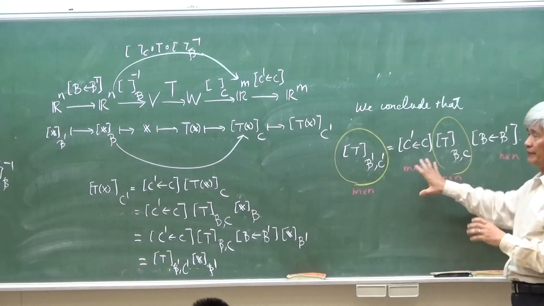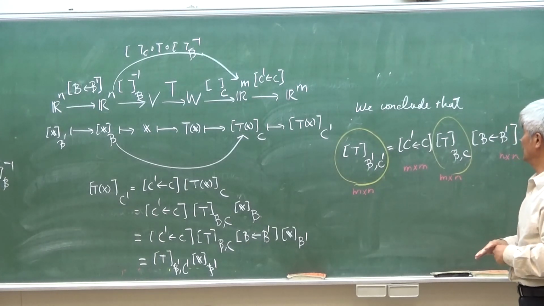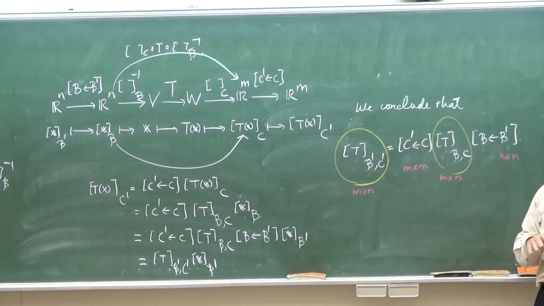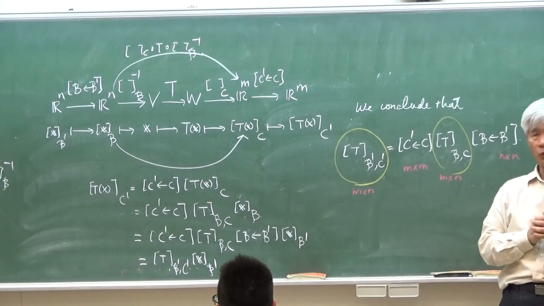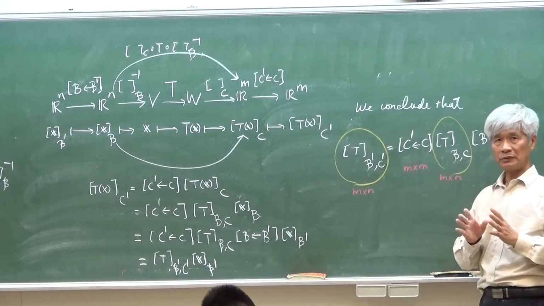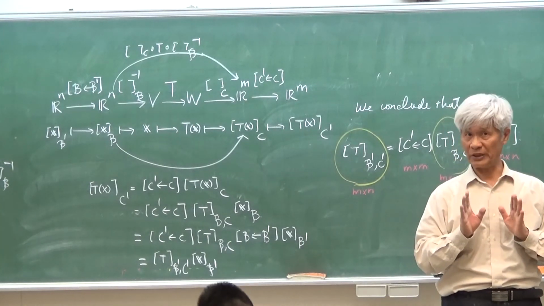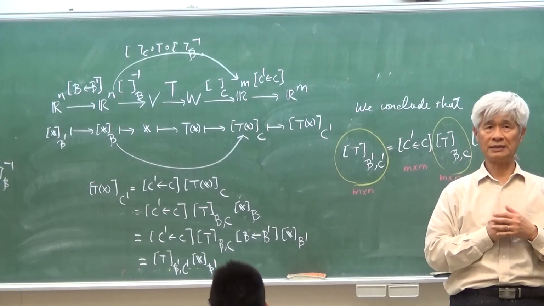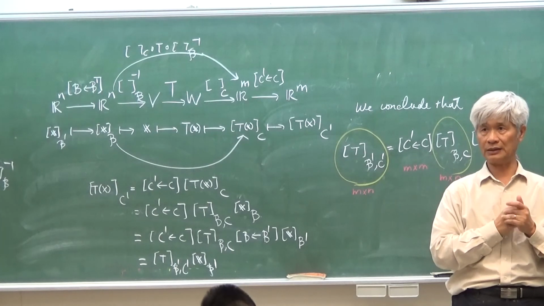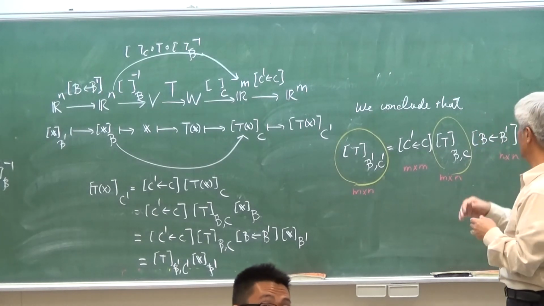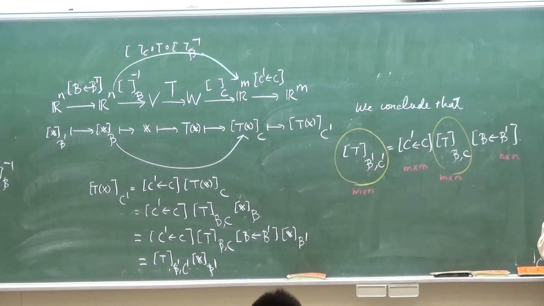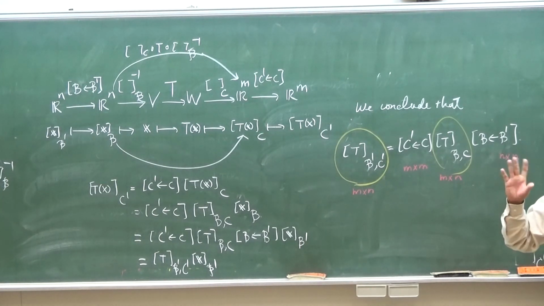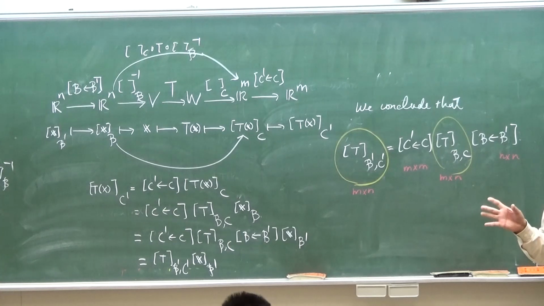Okay, so this is the original version. And so on Friday, I will specialize this representation into special cases where V and W are the same. This is a very special, very important case we will discuss on Friday. But I ask you to review the material I discussed today because this is the most general case we can have.